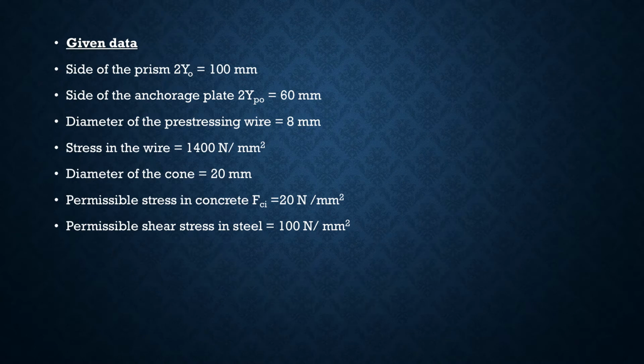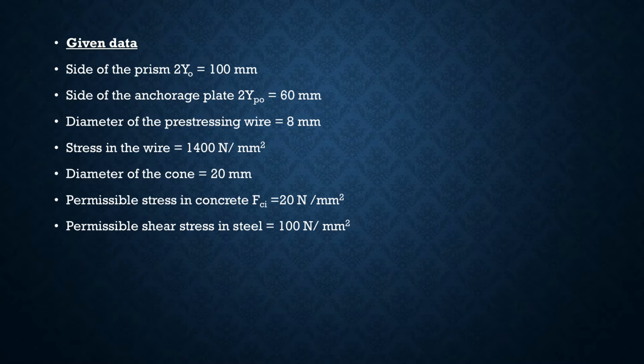Now we start from given data. You all know that in my previous sum I have already discussed y0, yp0 and distribution ratio, so I will not discuss them at length in this sum.